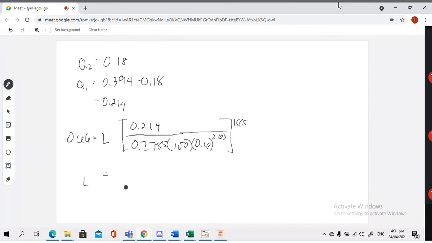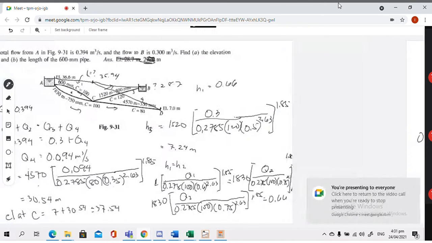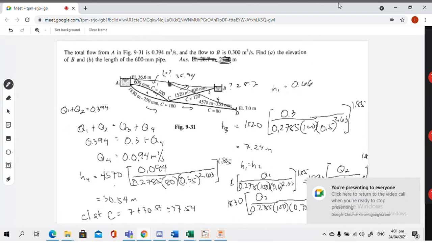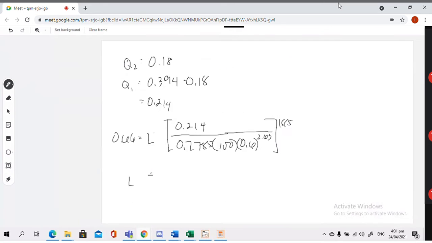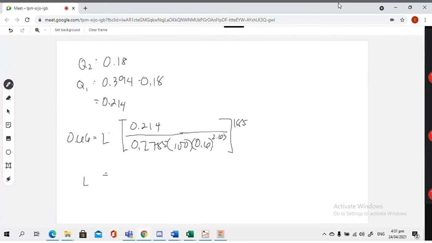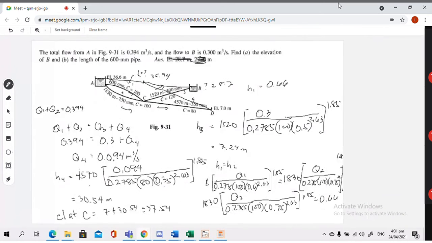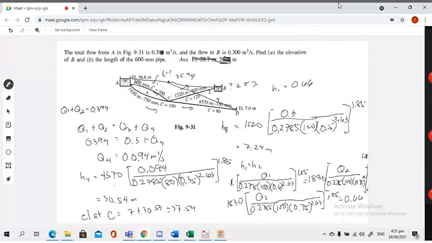Ma-check ni kay gikan na mapud nito. Okay, 1830.6. Sayop jud. Magsayop ang given. Basta di ni mao.